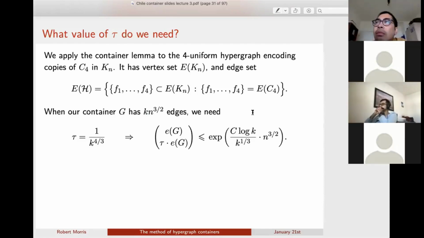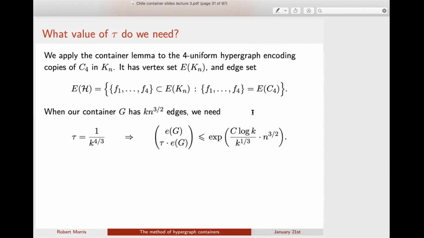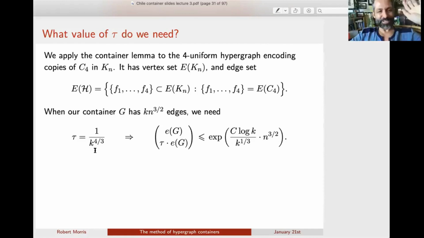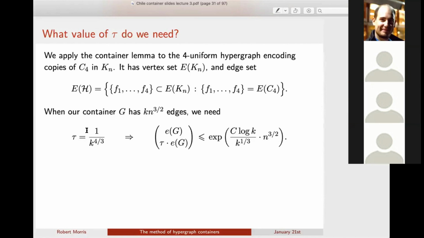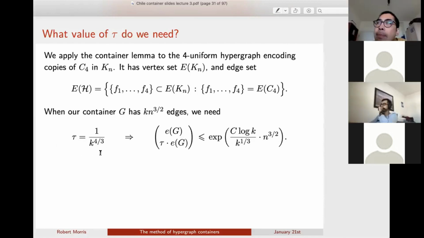If you take a product of this thing over an exponentially decreasing set of k's, it turns out it's only the last one that really matters. But if you didn't understand that, don't worry. It's just a technical point to explain why this is really the thing we want, that we don't get an extra log n here. It turns out that by a not too complicated calculation that I don't really want to go into the details of, a tau of this order is enough.